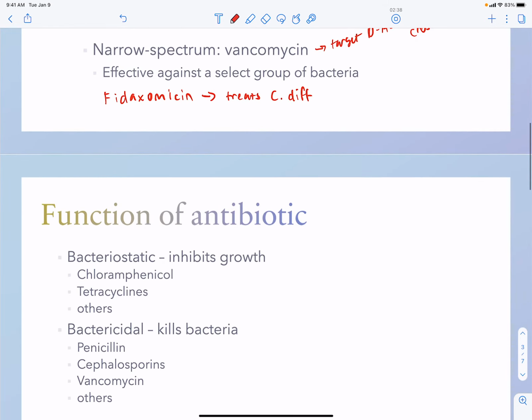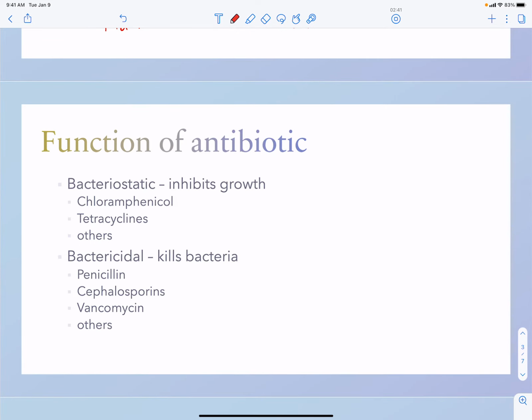Now, the other thing to keep in mind about antibiotics is that they are going to either kill the bacteria and be bactericidal, which is our penicillin, cephalosporins, vancomycin. They're targeting a component of the bacteria that the bacteria cannot live without. And then you have the bacteriostatic, and these are going to inhibit the growth of the bacteria. So these are going to do something with metabolism.